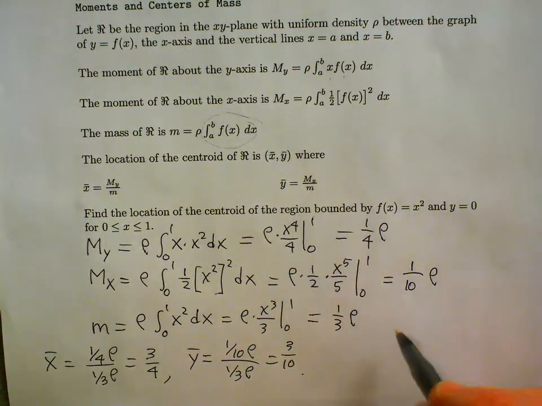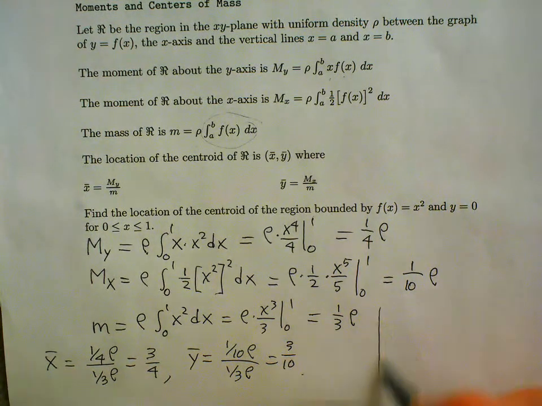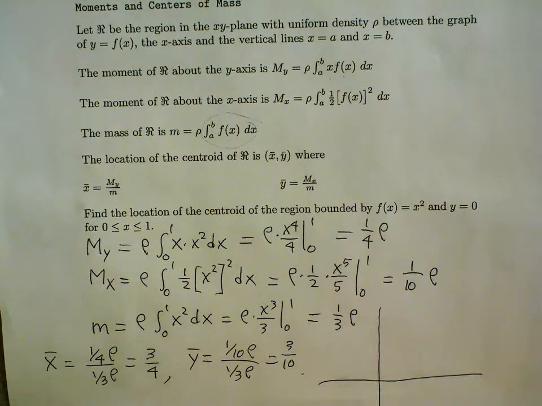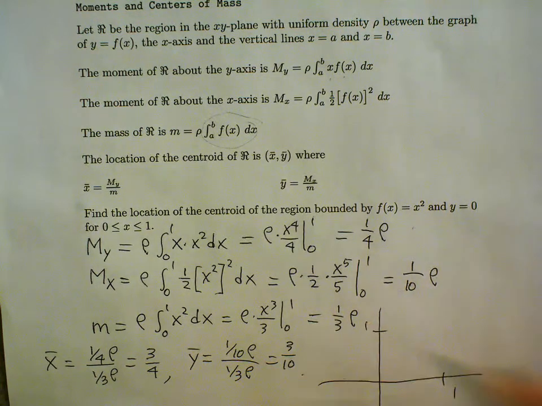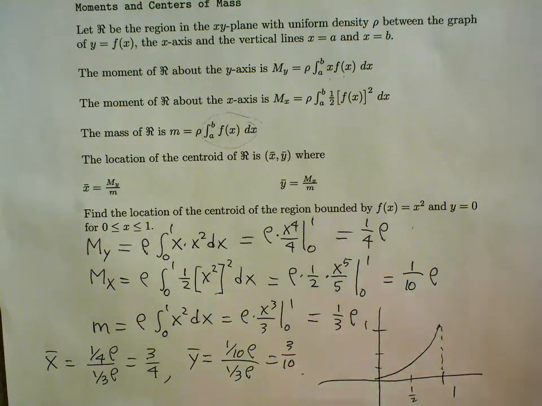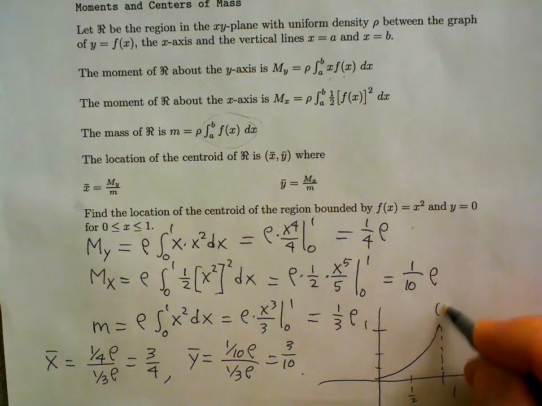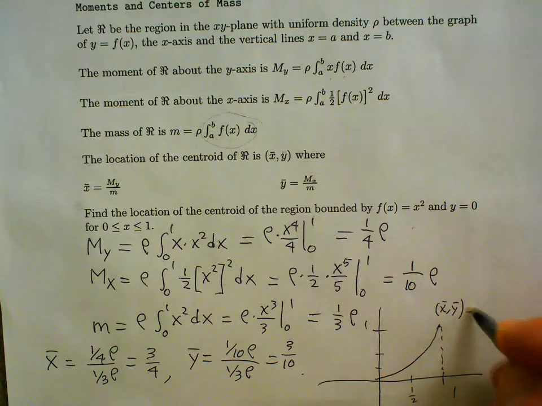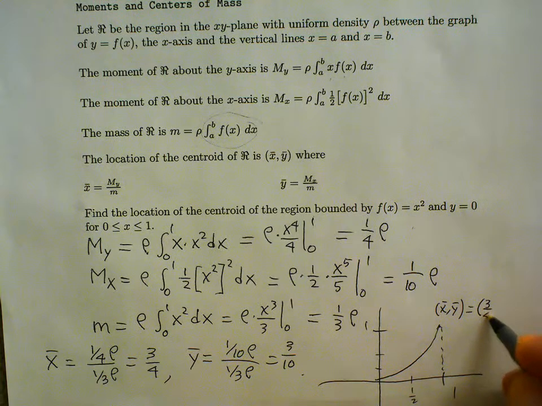So let's sketch a graph of f of x equals x squared on that interval from 0 to 1. It will look something like this. And for the centroid, the x-coordinate is 3/4, the y-coordinate is 3/10.